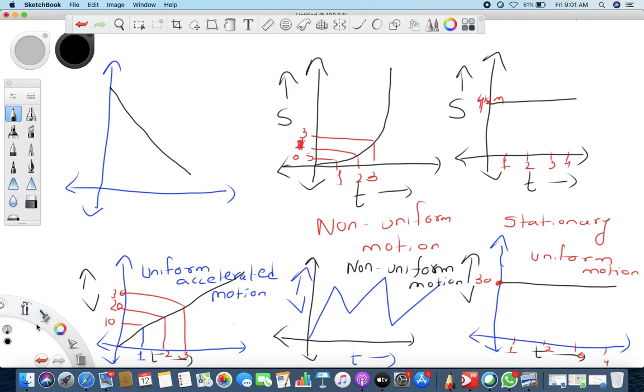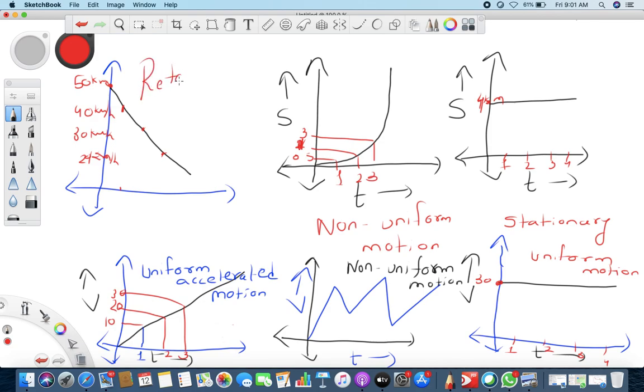Let's say this is the speed, let's say it is 50 km/h. In 1 hour it is decreased to 40 kilometer per hour. Then in 2 hours it is 30 kilometer per hour, 20 kilometer per hour, right? It is decreasing basically.